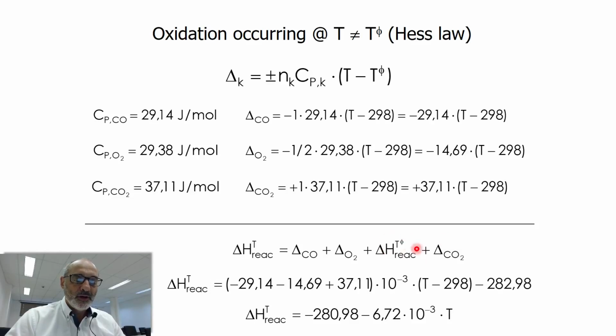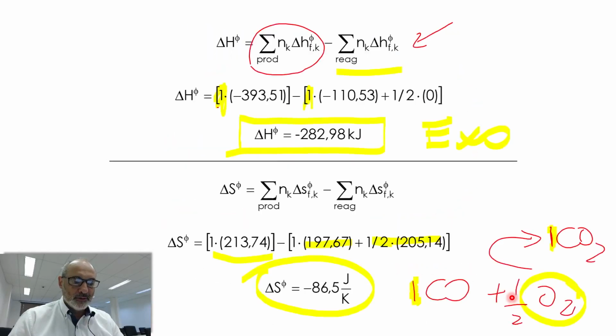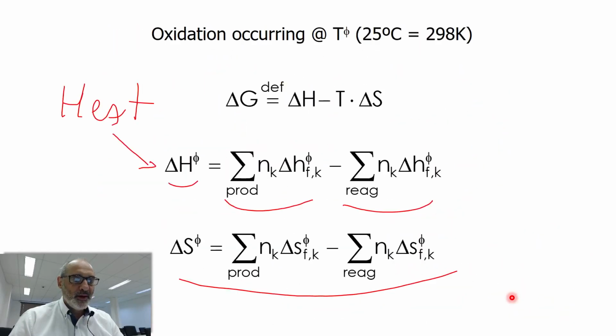Now we only have to calculate this. This term here, the heat of reaction at the reference temperature, 25 degrees, we already know. We calculated this in our first example. So this number is minus 282.98. If you don't remember, I'm going to refresh your memory.